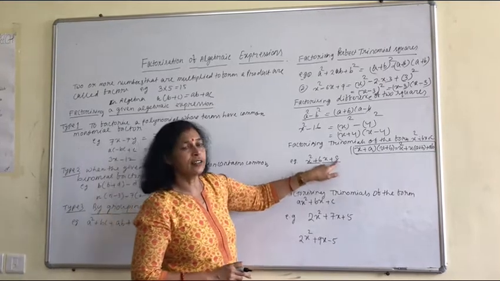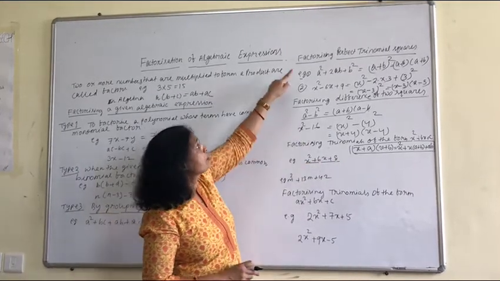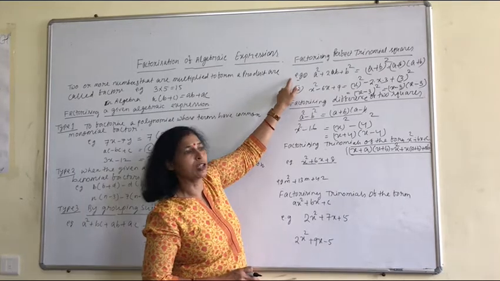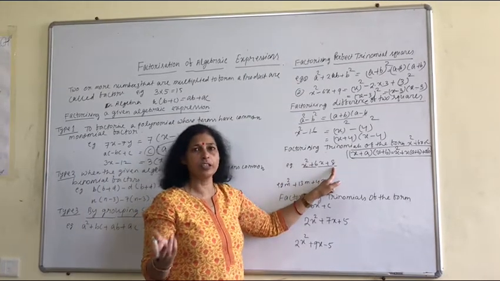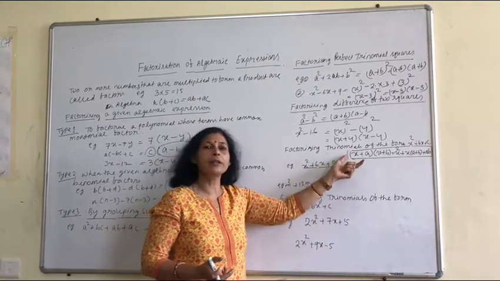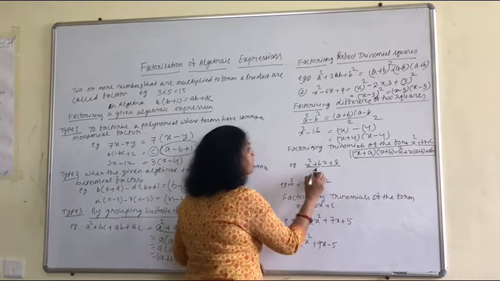The three terms are there, but this is not of the type (a plus b) whole square, because 8 is not the square of any number. So you can try the middle term split. Middle term means your middle term is 6x.